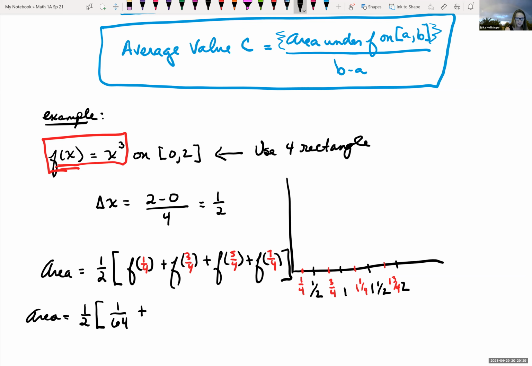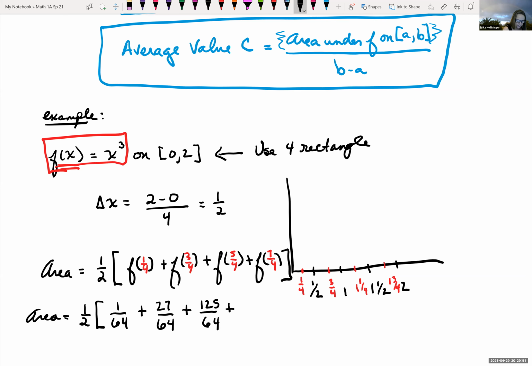Plus 3/4 cubed. Well, 3 cubed is 27, 4 cubed is 64. 5/4 quantity cubed: 5 cubed is 125, 4 cubed is 64. Plus 7/4 cubed. I'm not sure what 7 cubed is.